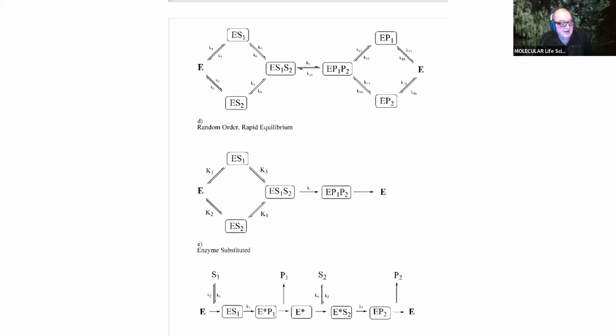But to really understand the kinetic mechanism and kinetic data, you need to understand, as I said, steady state versus equilibrium and ordered random order versus compulsory order.